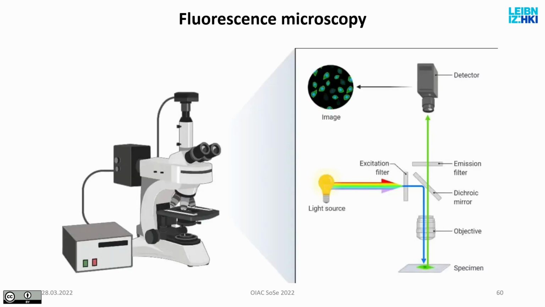We have a microscope, we have an illumination light source, and then we illuminate our sample, and the sample is labeled with a molecule that will emit light depending on the excitation of the light source, the excitation wavelength, and this will give you information about the size and location of the object that we label.